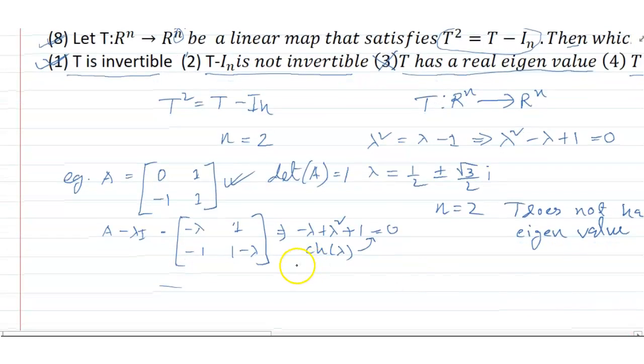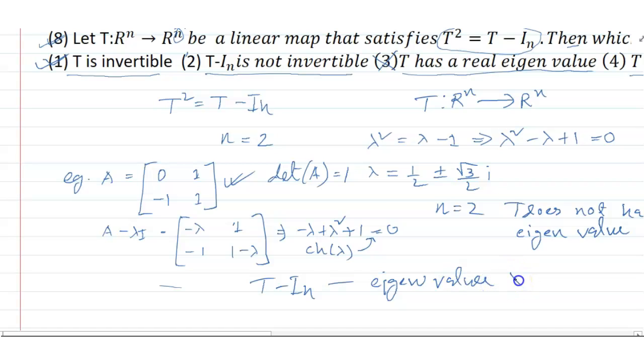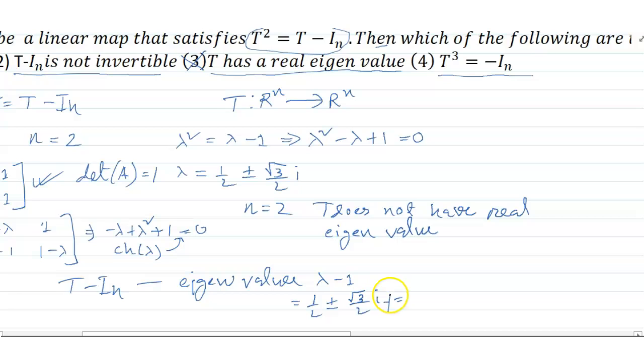If we see T minus I_n, the eigenvalue of T minus I_n is lambda minus 1, and lambda minus 1 is half times plus or minus root 3 by 2 i, which can be written as minus half plus or minus root 3 by 2 i.